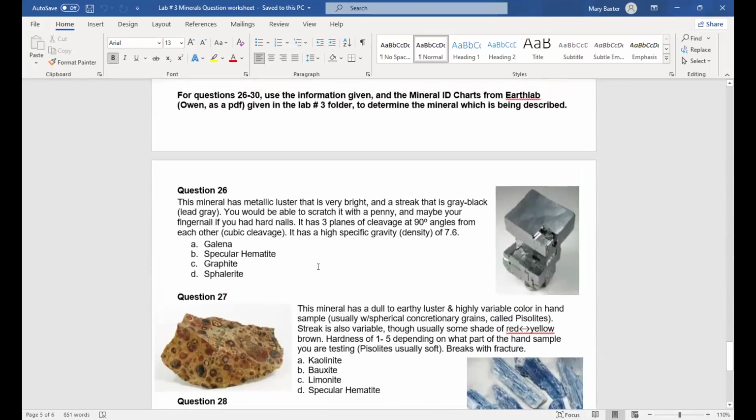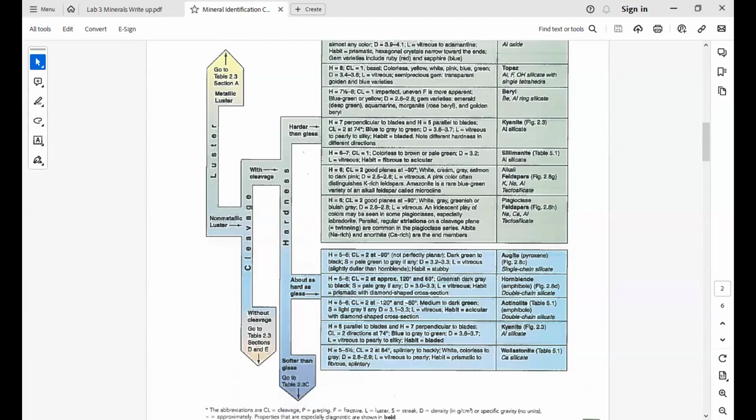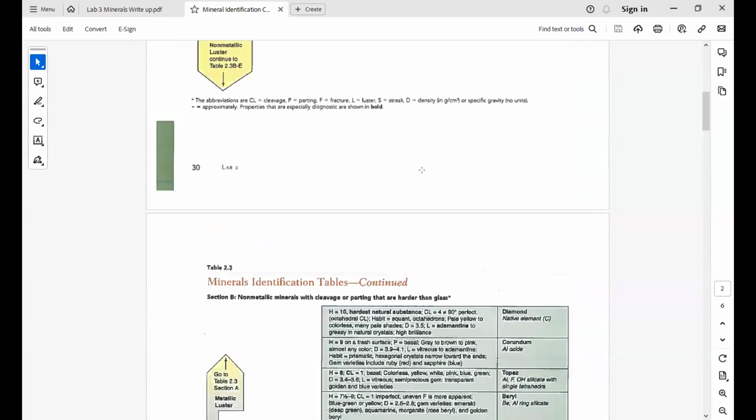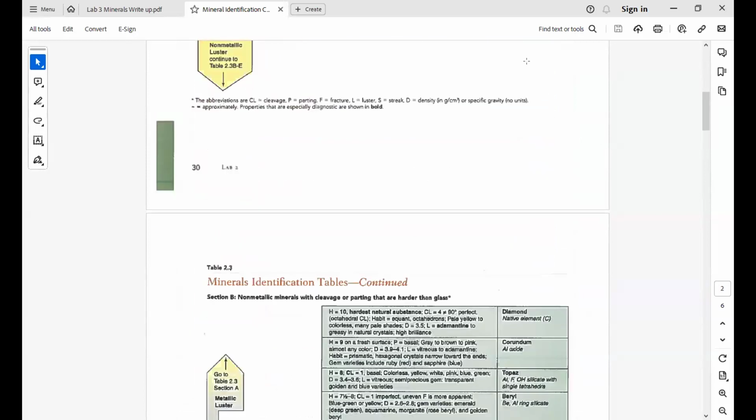When you get to these, you just need to refer back to the mineral charts that are included in the folder, and take those qualities that I've given you, and you can see the color probably from the specimen, and find the chart and then find the actual specimen name.